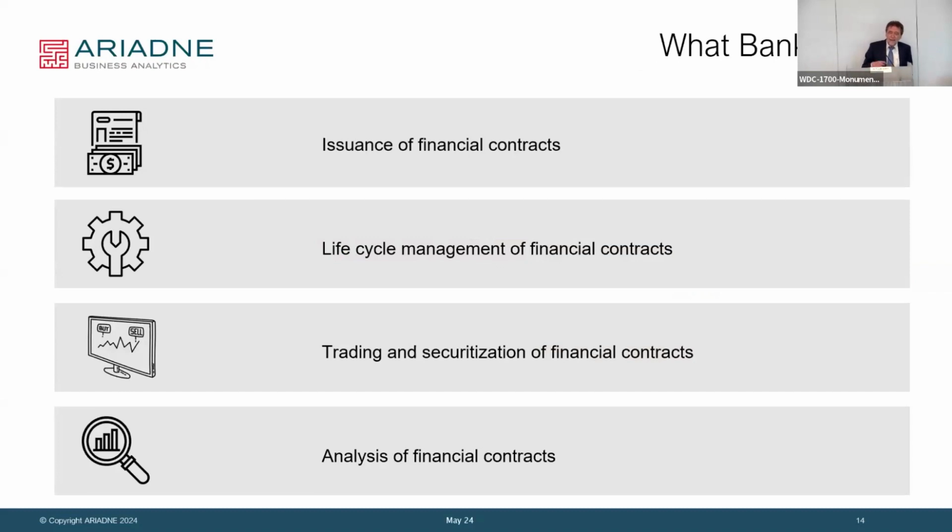So a bank, what is then the product? What is the cars of the bank? The cars are the financial contracts. That's what they produce. They issue a financial contract, they manage the life cycle of these contracts, they buy and sell it, and they look at it and analyze it. So the production of finance is the financial contract. That is what we have to focus on.